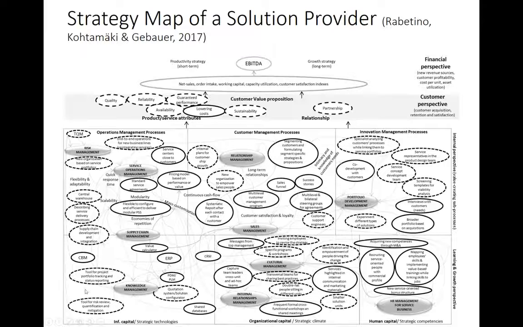And then resources and competencies related to human resource management, cultural management, internal relationships, knowledge management, etc. So again, how these processes and micro-level activities are utilized to create customer value from these resources and competencies, and how the generation of these types of customer values in the end feeds to achieve financial targets.